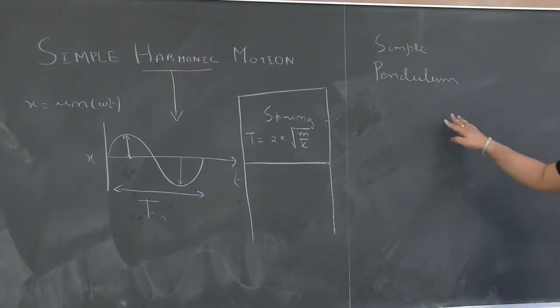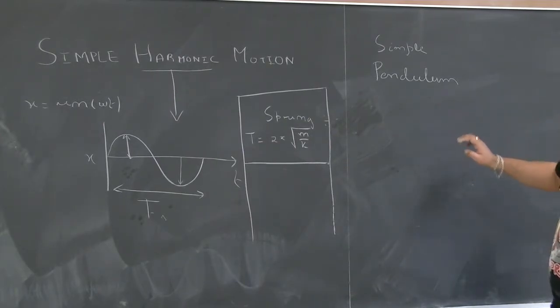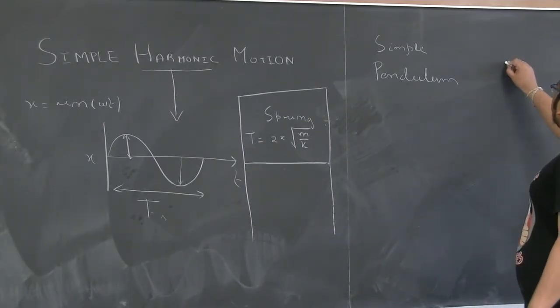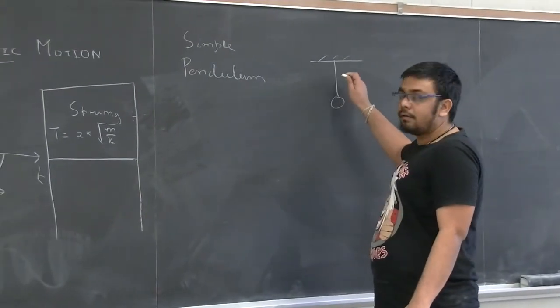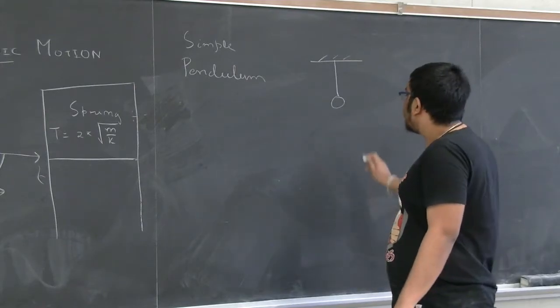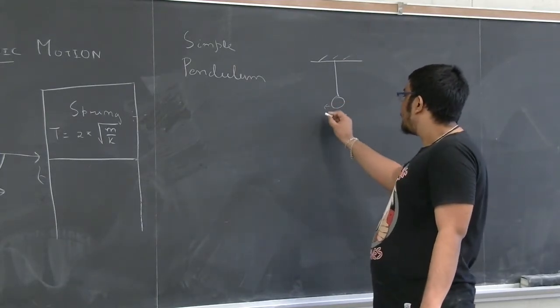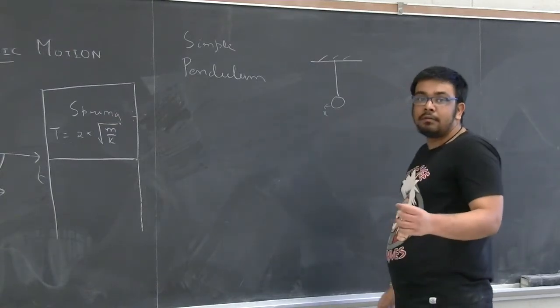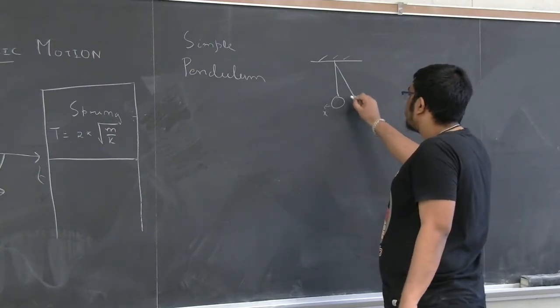Okay, so the second part of the experiment will be a simple pendulum. As we know, if we have a pendulum which is just a mass hanging from a string from a rigid support, and if we slightly move it from its equilibrium position by say a distance x, then gravity will pull it back and it will oscillate like this.